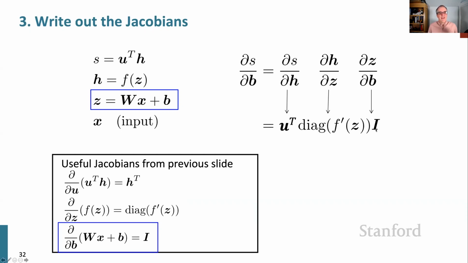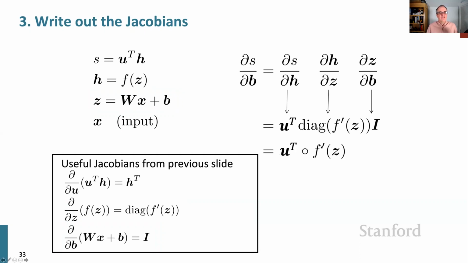So we can simplify that down a little. The identity matrix disappears, and since UT is a vector and this is a diagonal matrix, we can rewrite this as UT Hadamard product of F prime of Z. I think this is the first time I've used this little circle for Hadamard product, but it's something you'll see quite a bit in neural network work since it's often used.